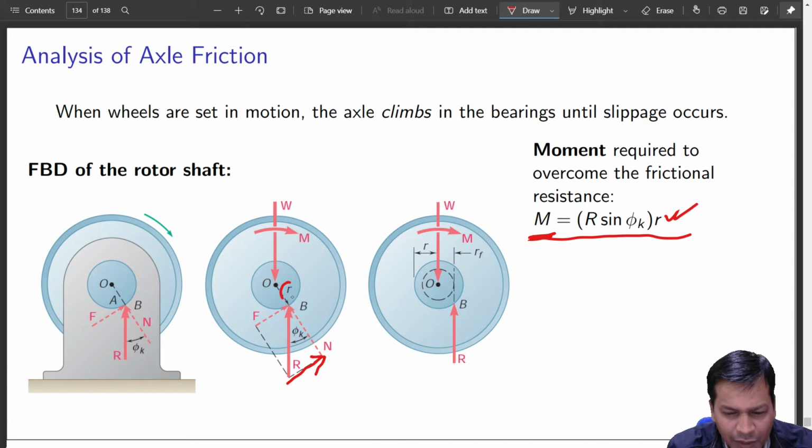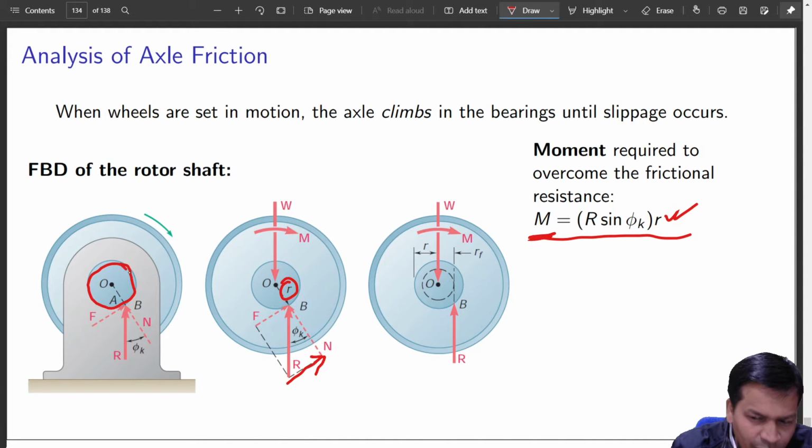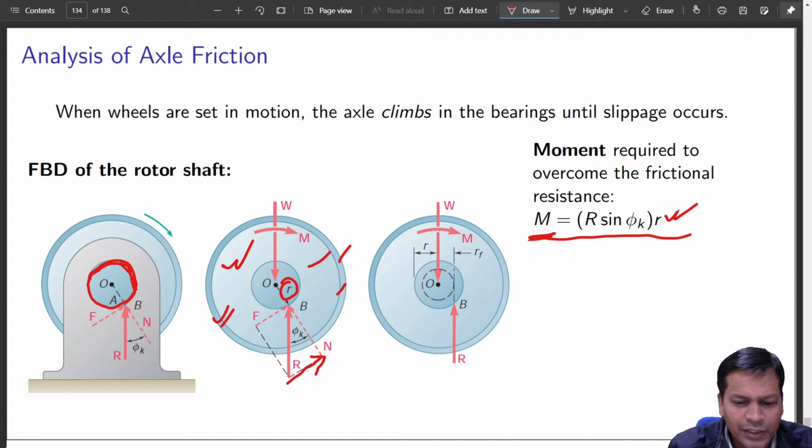This r is your rotating body. Forget everything else, that is the external thing that is happening. The shaft is actually this one. If I can draw well, this is your shaft. Forget about whatever else is there, those radii have nothing to do with it. That is the place where reactions are happening. This is the radius where everything is happening. So that is what is r, and that is acting here. Hope you got it.